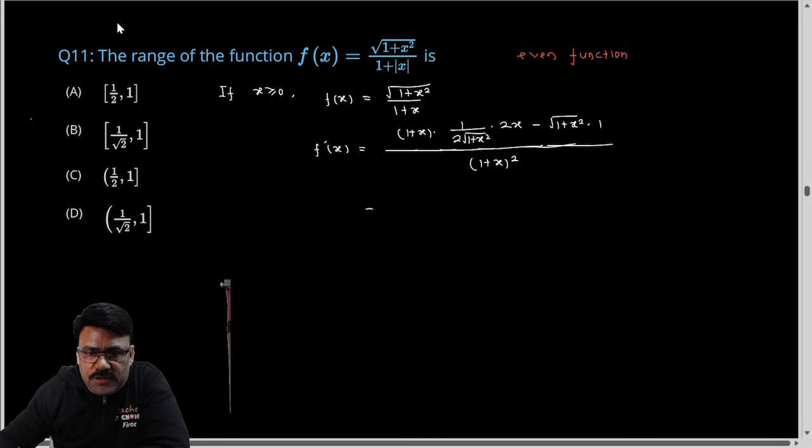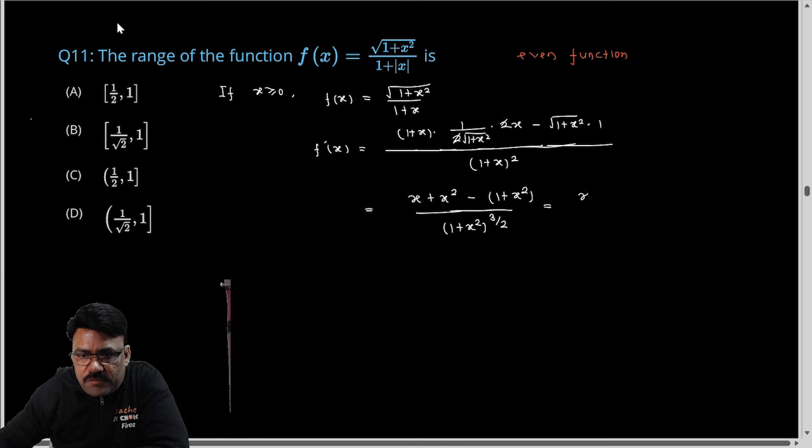Now let's simplify it. So this 2 and this 2 disappear. You are getting x plus x square minus 1 plus x square, and in the denominator, you are getting 1 plus x square raised to 3 by 2.